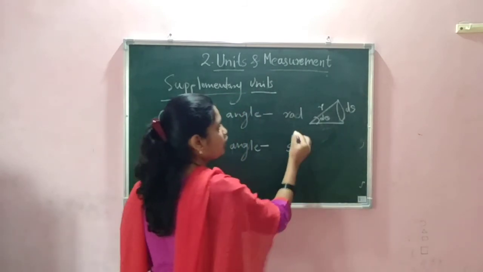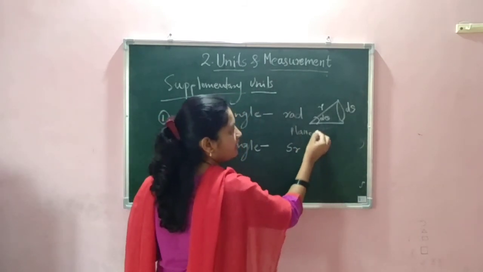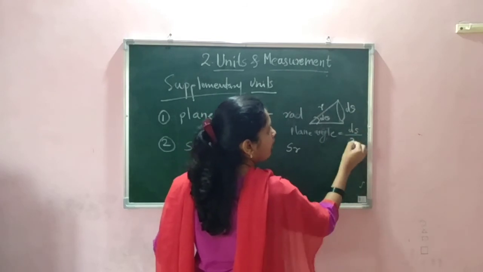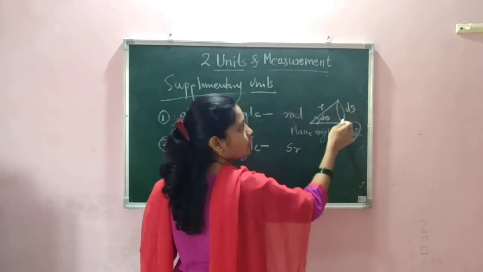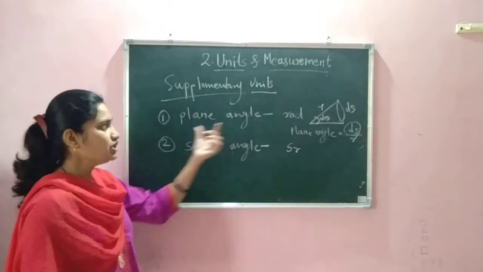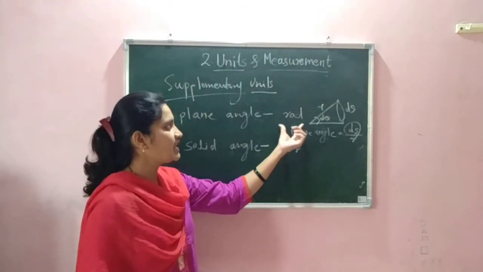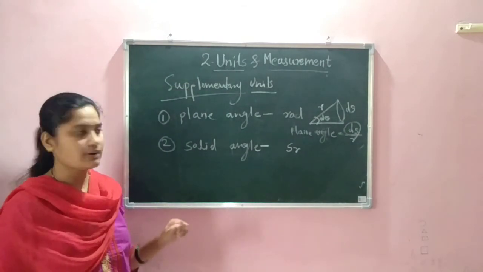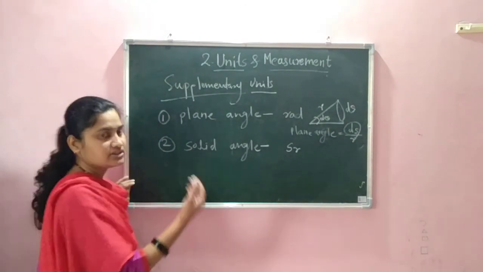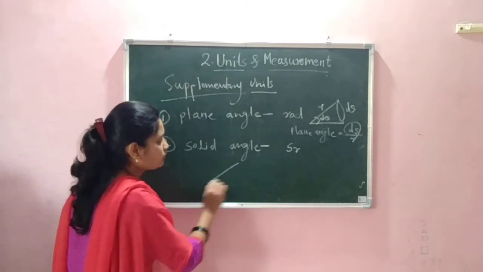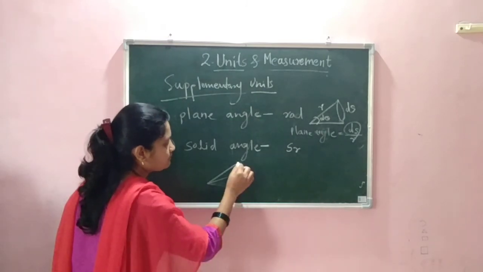The plane angle equals ds upon r, where ds is the length of the arc and r is the radius. The unit of it is the radian, which is a supplementary unit. Now let us understand solid angle. It is three-dimensional and is for spherical surfaces. You can draw the picture like that.